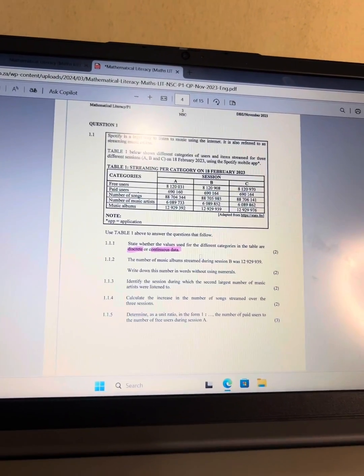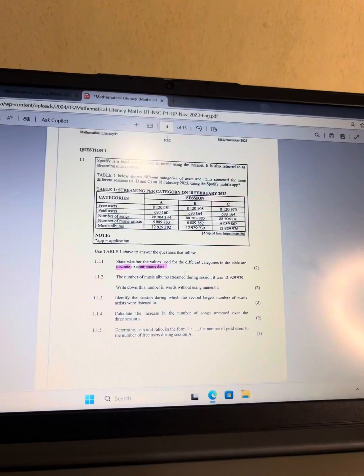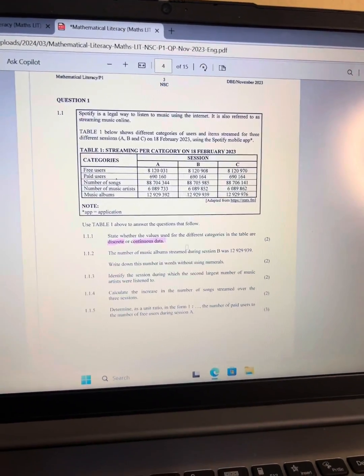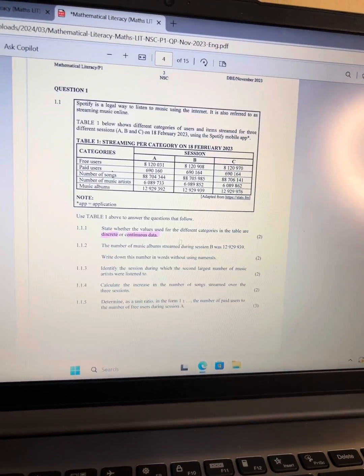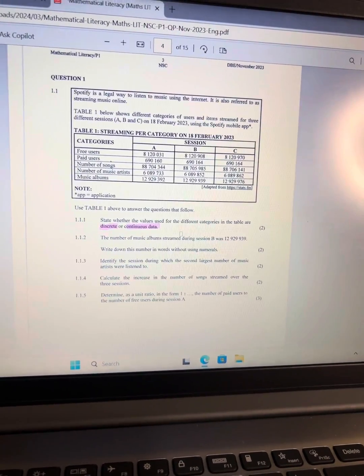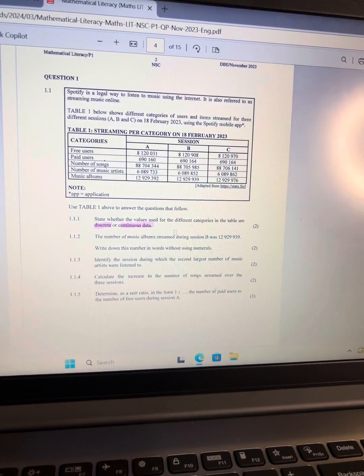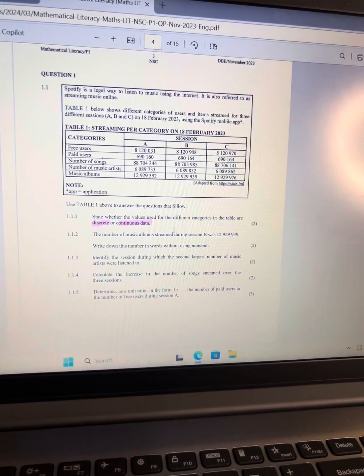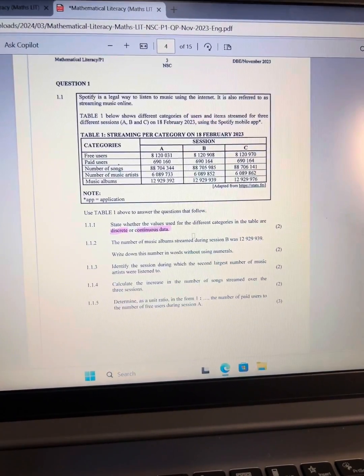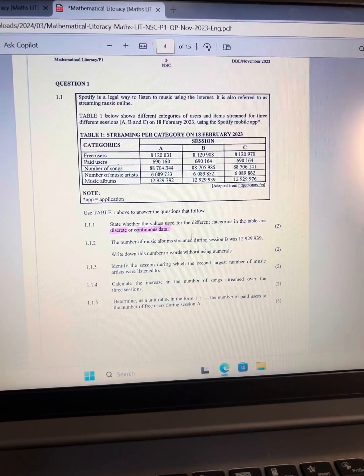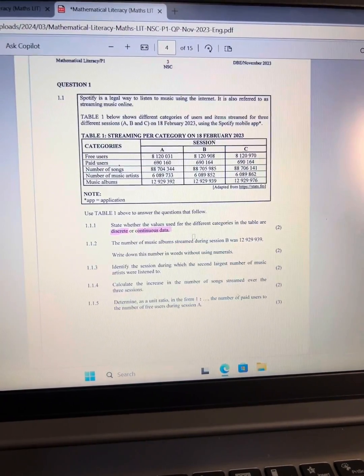When we talk about things that are discrete, we are talking about information that, when we need to collect it, we have to count one by one, or count according to how things are categorized. And when we talk about continuous information, we are talking about things that we have to measure.